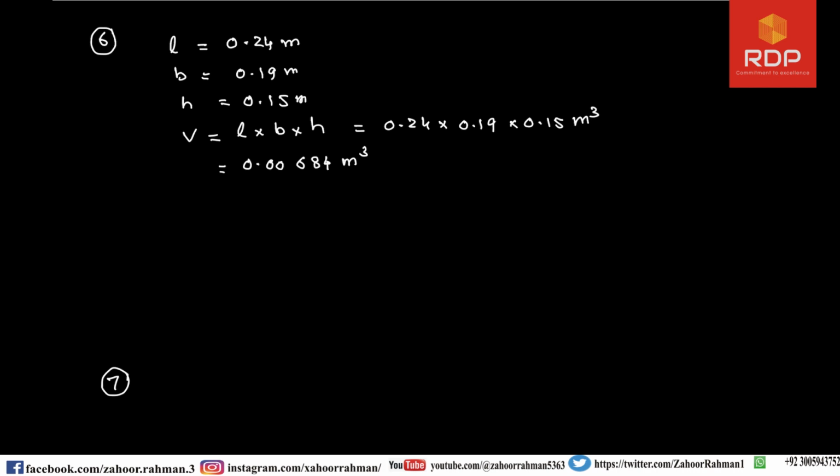Now let us say that the volume of each small cube is equal to L cross L cross L, and that is equal to 0.00684 meter cube we found in the previous part.